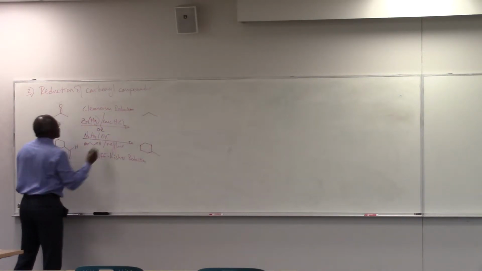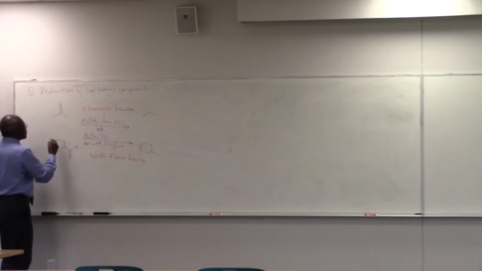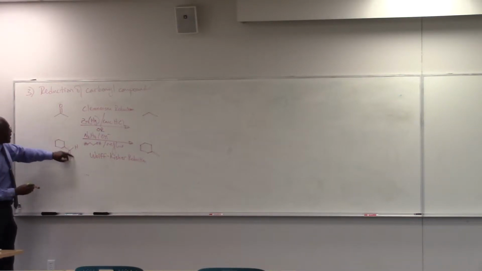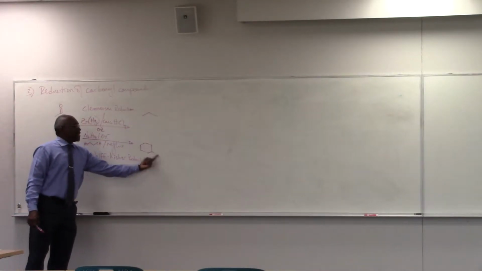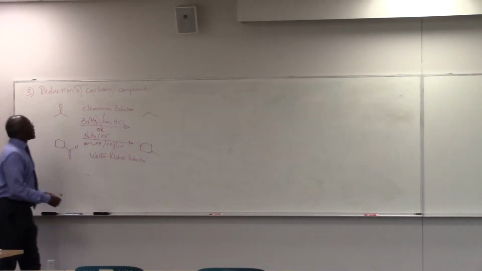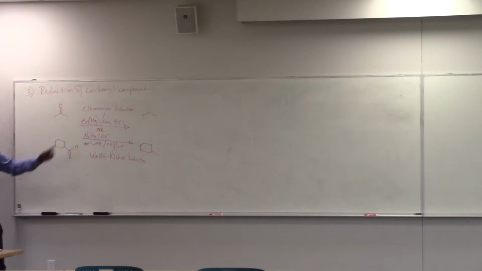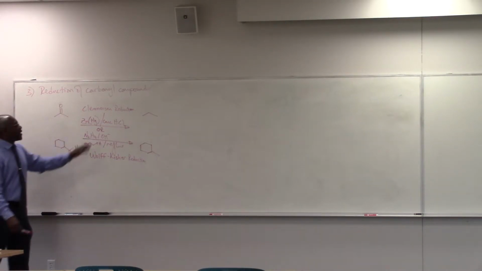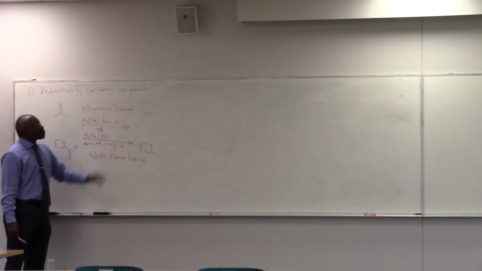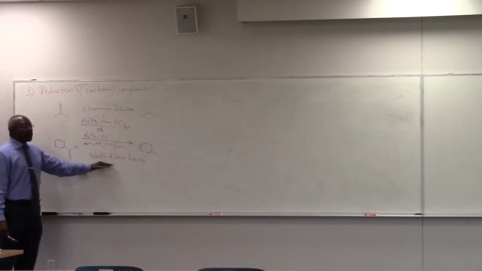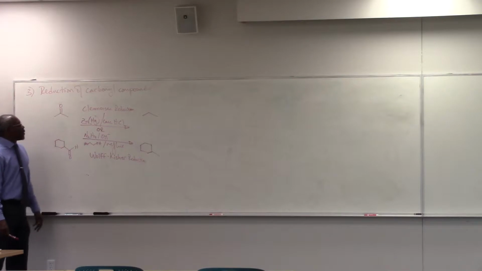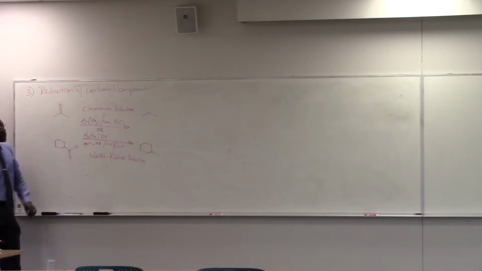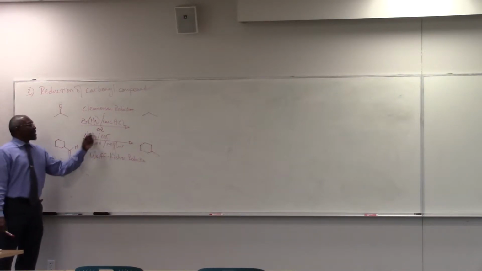So I can convert carbonyl compounds, aldehydes and ketones, into the corresponding methylenes, right? Either by the Clemmensen reduction, which is amalgamated zinc, zinc dissolved in mercury if you will, and concentrated HCl, or I can use the Wolff-Kishner reduction. And there are several modifications. We're just going to stick with the classic one, which is basic hydrazine.